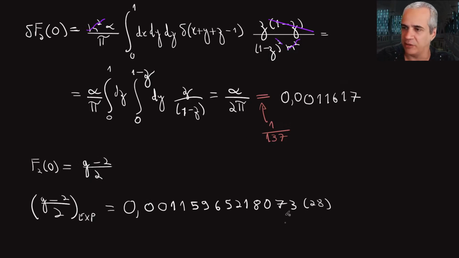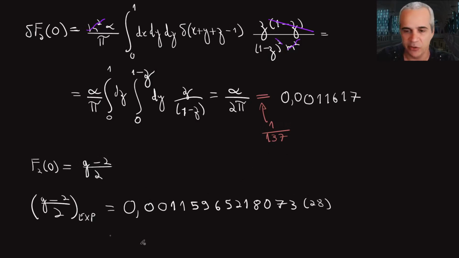And you can compare those two, and you'll find, wow, this is fine. But actually, that's not how it works. For a long while, this was the most precise measurement in QED, and that meant that actually this was used to calculate alpha, and not the other way around.